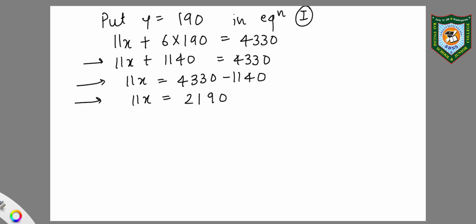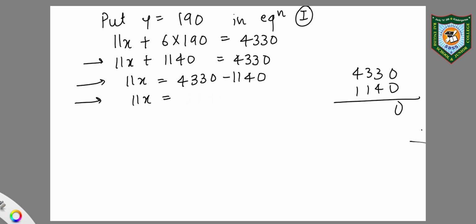So this value is incorrect. Let's do subtraction again. So I have 4330 here, 1140 here, 0 minus 0 is 0. 13 minus 4 becomes 9, 2 minus 1 becomes 1, and 4 minus 3 becomes 3.